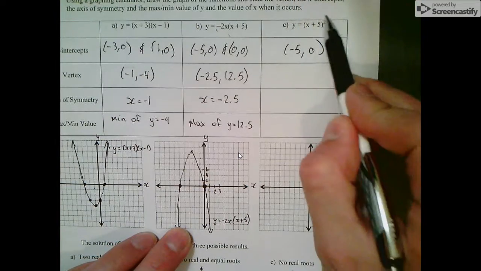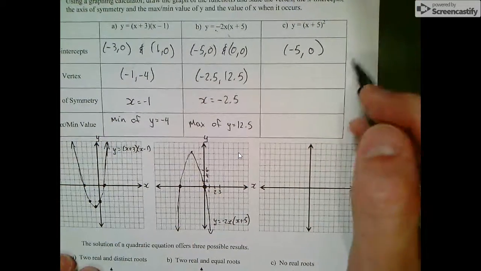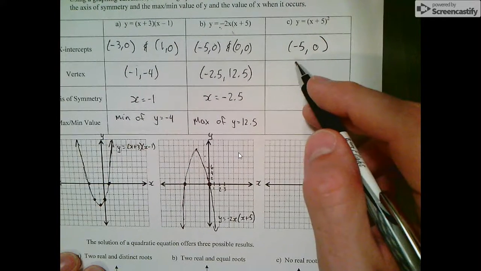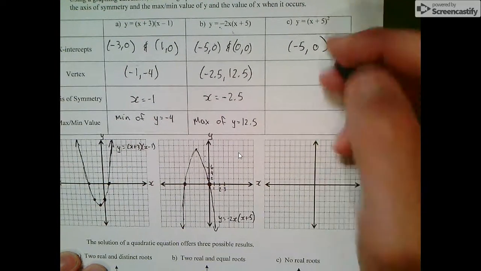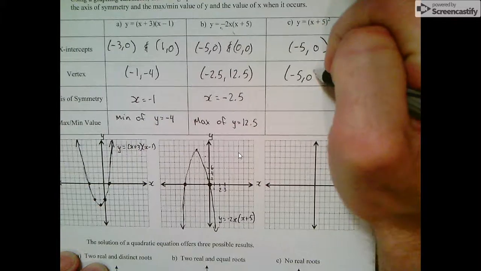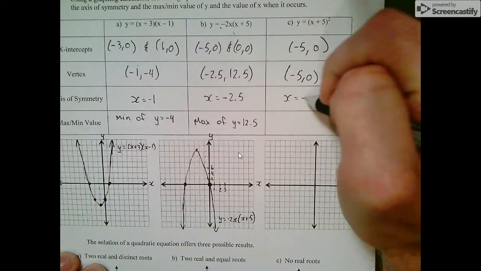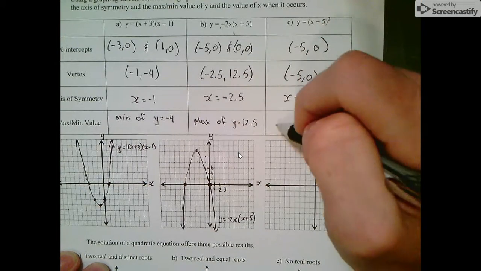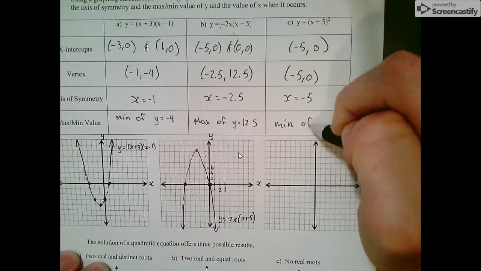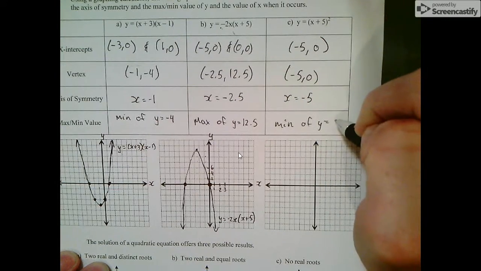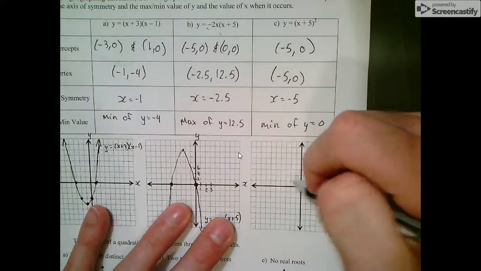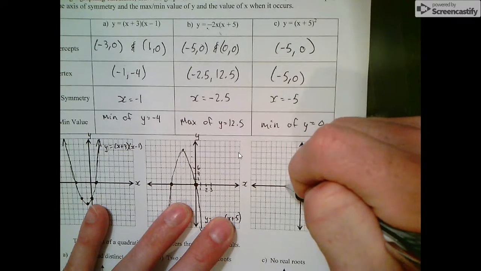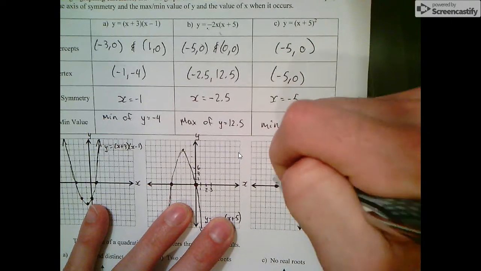That's because it's a perfect square. That's why that's happening. The vertex is at, well, -5, 0. The axis of symmetry is still x equals -5, and it's a min of y equals 0. So there it is, -1, -2, -3, -4, -5, 0.